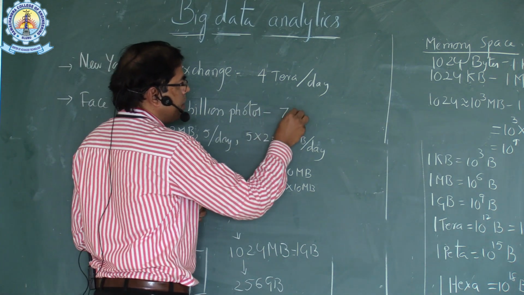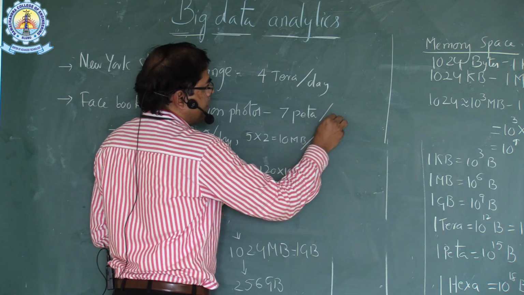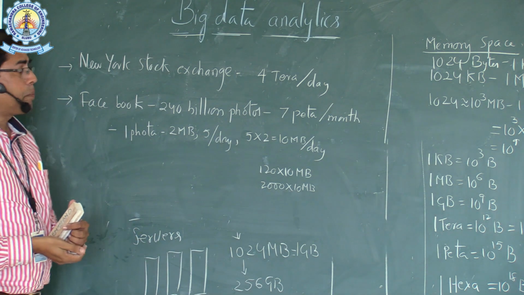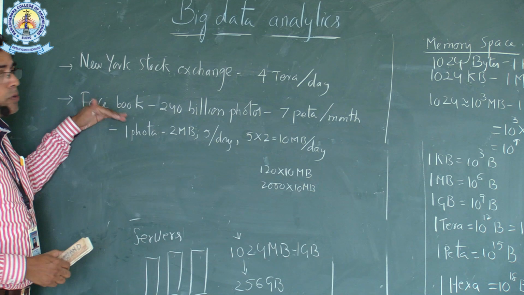It carries around 7 petabytes of data per month. That means these photos require 7 petabytes of data per month that is accumulated in the Facebook servers.